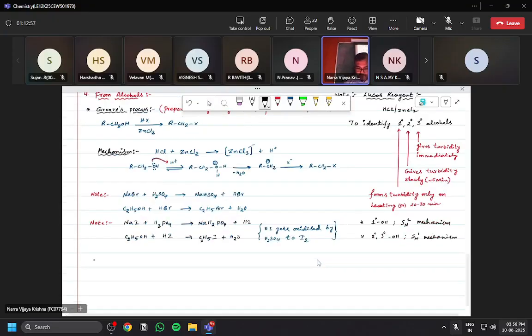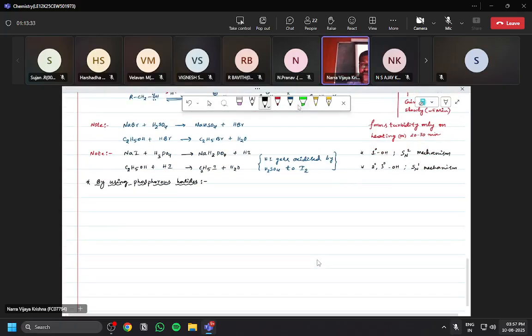Preparation of alkyl halides by using phosphorus halides, either PCl3 or PCl5.